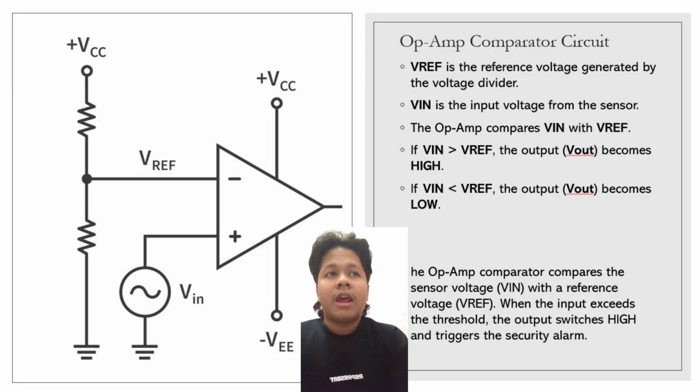This indicates that an abnormal condition or intrusion has been detected. On the other hand, if VIN is lower than VREF, the output remains low and the alarm stays inactive. This simple comparison mechanism allows the security system to make decisions quickly and accurately.